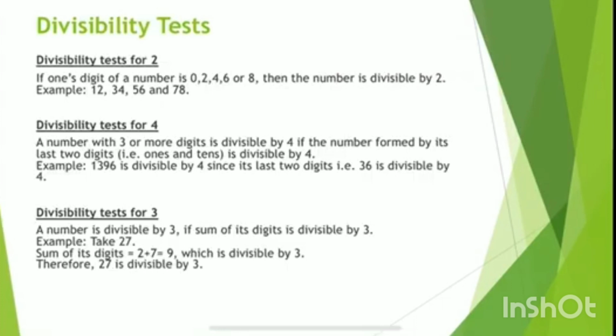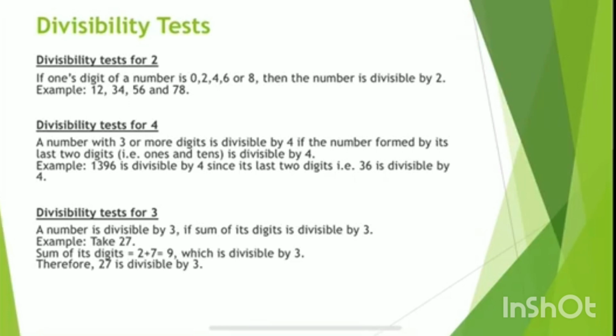Now let us discuss the divisibility test of various numbers. Let us start with the divisibility test for 2. If the ones digit of a number is 0, 2, 4, 6 or 8, then the number is divisible by 2.